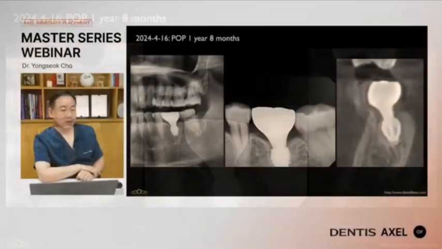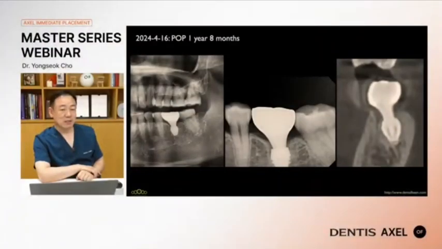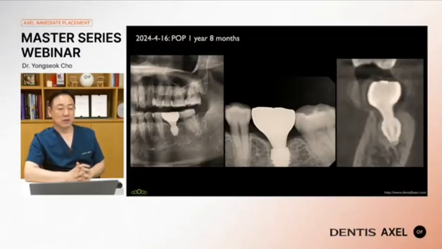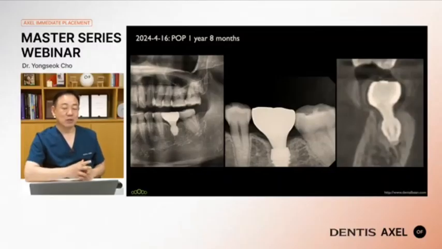But the problem is that such extra short implants are limited in diameter because of country regulation. The Korean Food and Drug Administration says we have to use an implant of more than 5 millimeter diameter for extra short implants. I think that must be changed. It would be better to make extra short implants in 4 millimeter or 4.5 millimeter diameter. That is my suggestion.